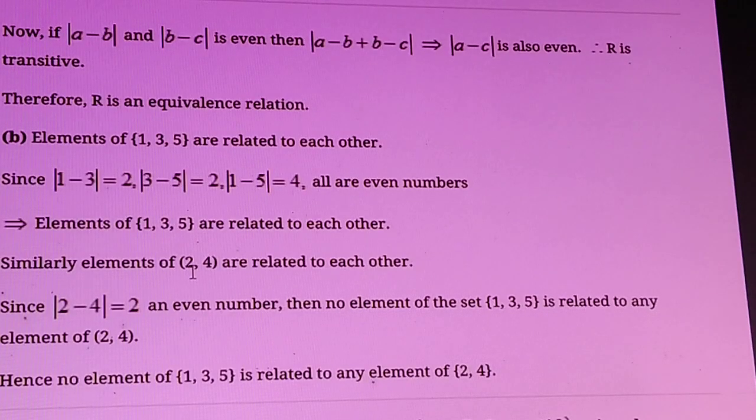Similarly, elements of {2, 4} are related to each other, since |2 − 4| = 2, an even number. Then no element of the set {1, 3, 5} is related to any element of {2, 4}. Hence no element of {1, 3, 5} is related to any element of {2, 4}.